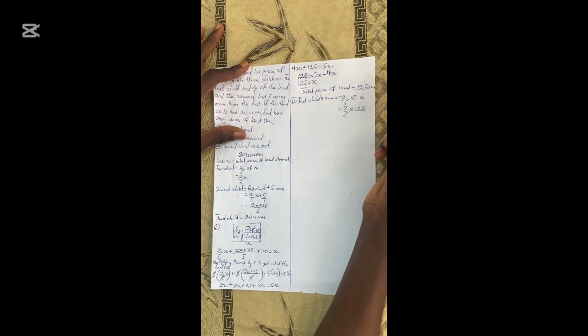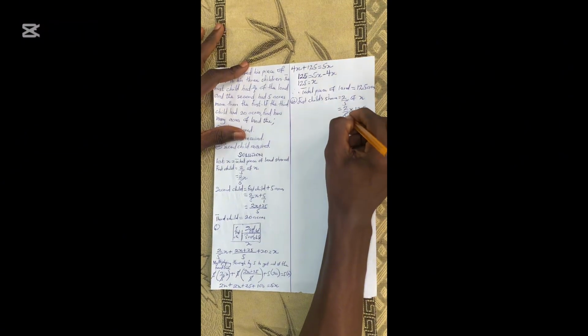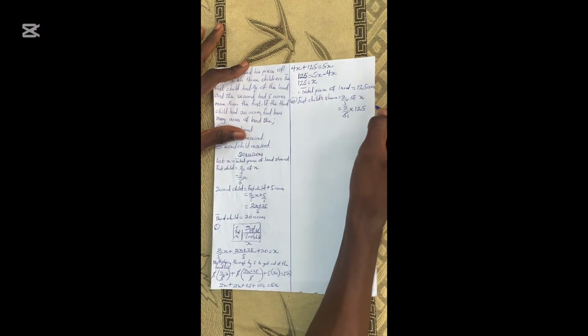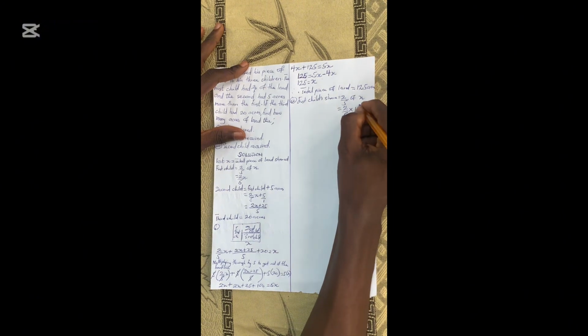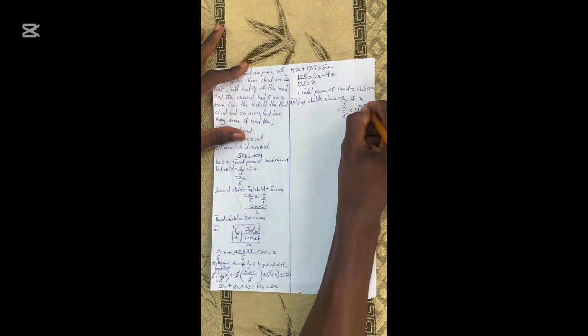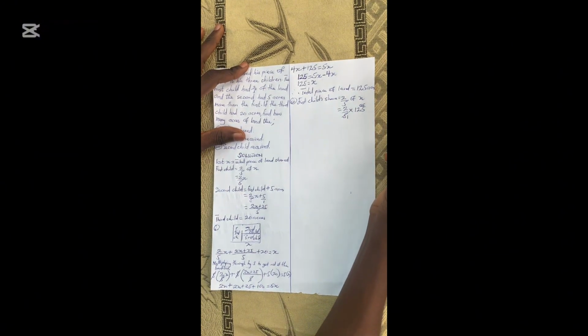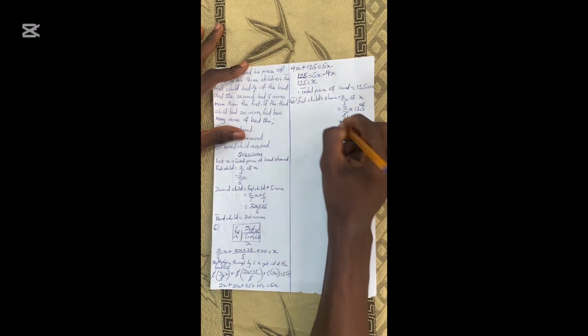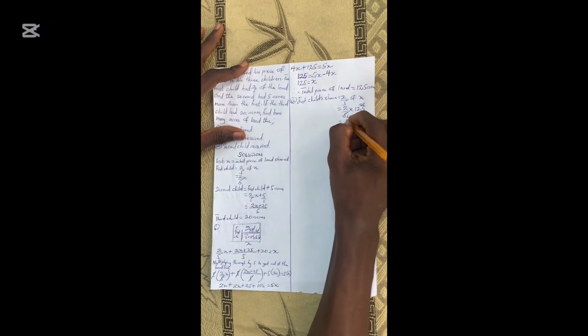I hope you are following. Great. So 5 here, 1, 5 here, 25. I hope you got that. Good, that's good. So 2 times 25 is what?